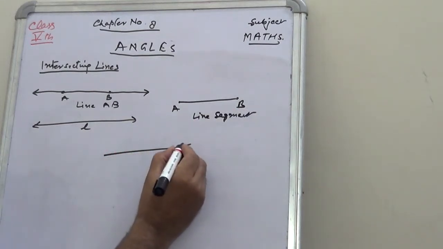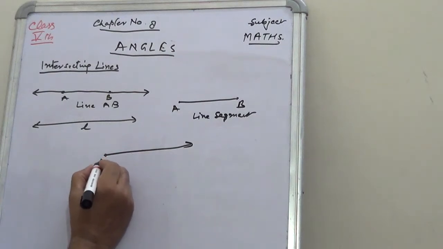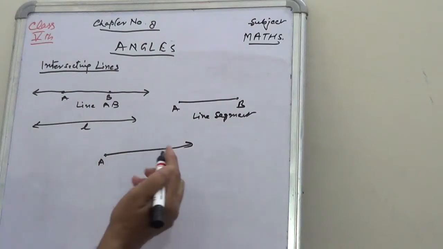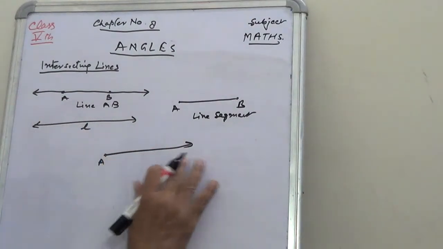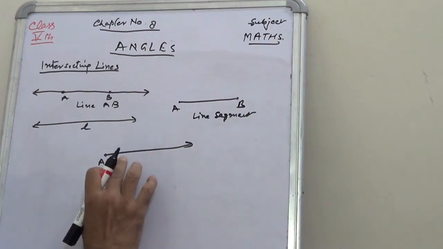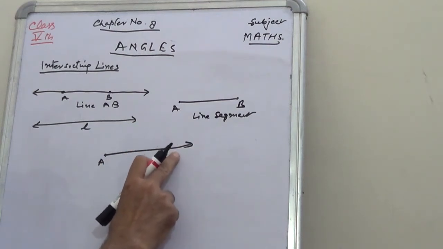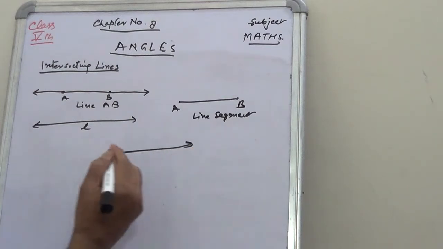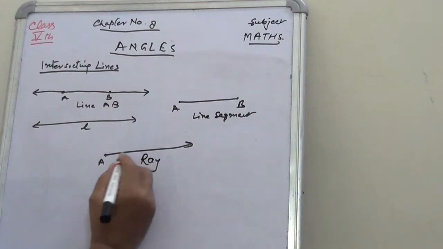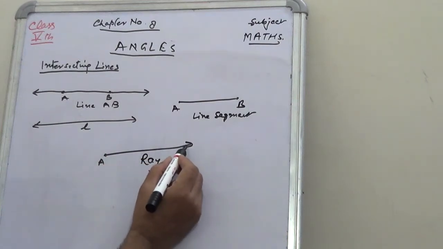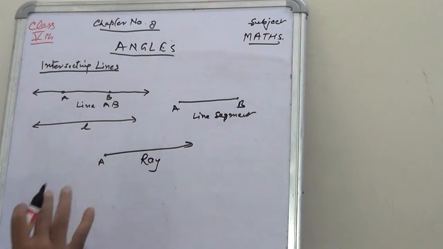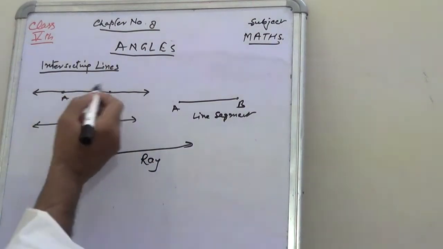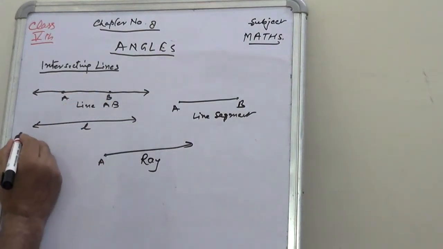And this is called a ray, having one end point, and the other side can go towards infinity. It has one end point and it can be extended to any distance on the other side. This is called a ray. Now children, how can we write a line?